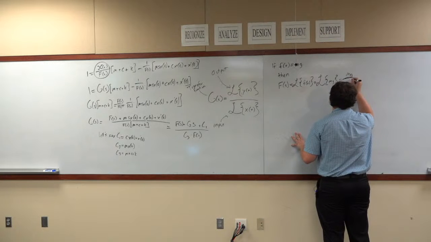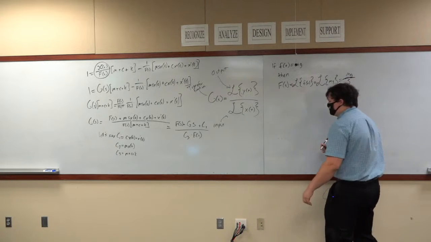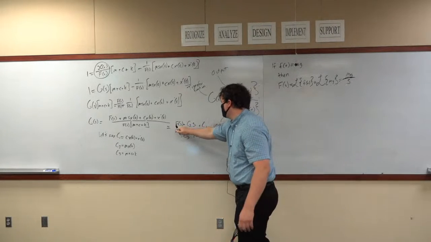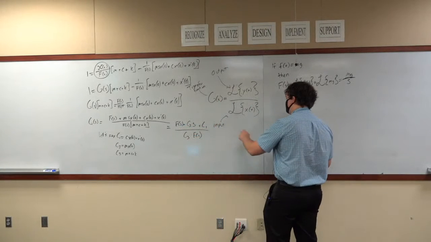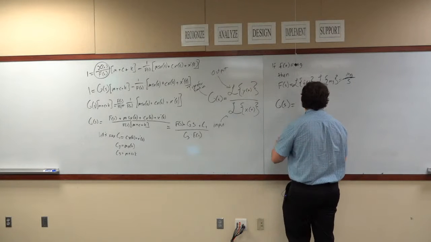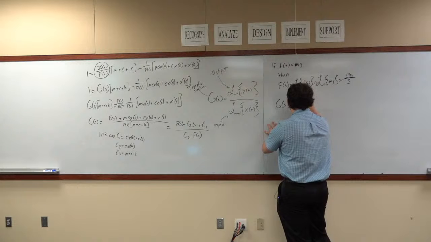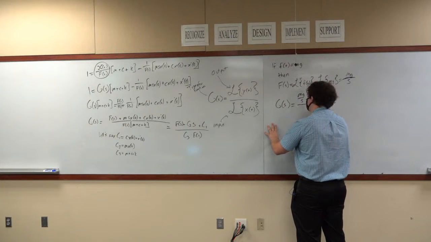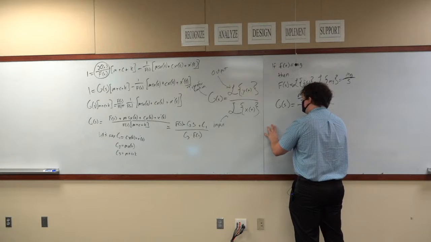So this is equal to mg over s. We can now plug this in for F of s here and here. And what we get is G of s equal to mg over s plus (C2 s plus C1) divided by C3 times mg over s.